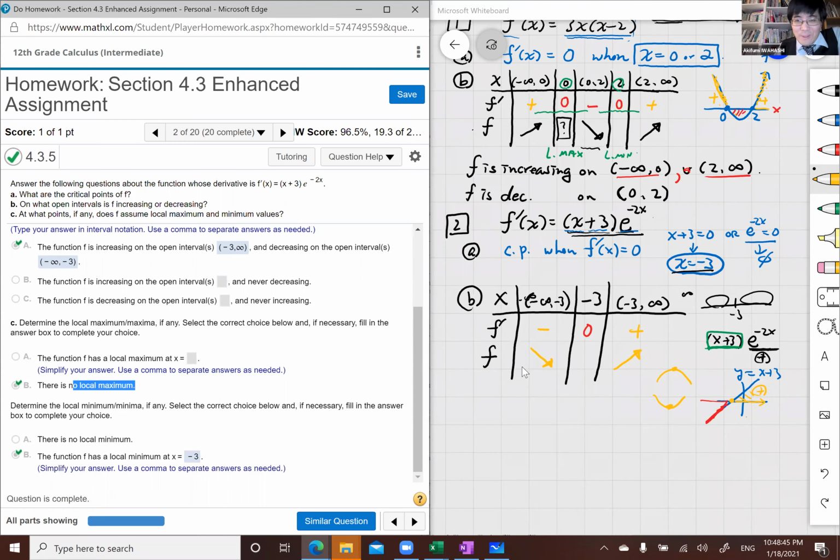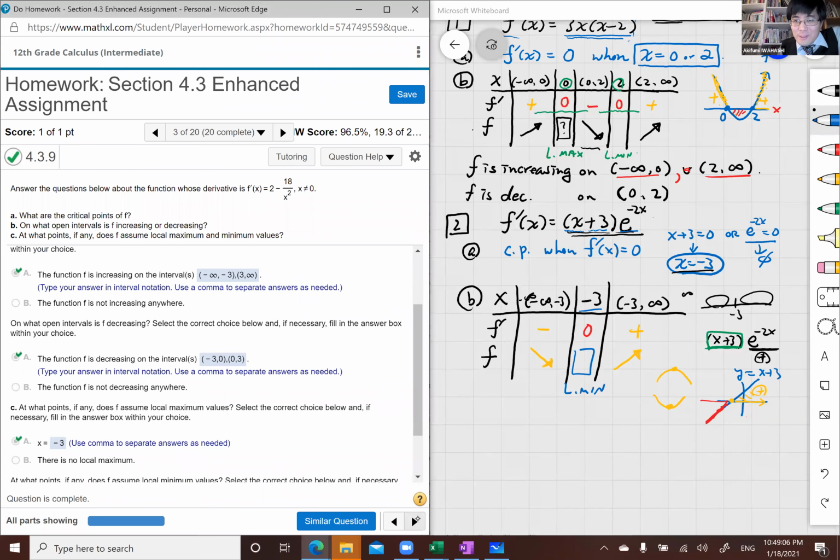The local minimum appears at this point, when x is equal to negative 3. So the function has a local minimum at x is equal to negative 3. Now we cannot see what the y value of the local minimum is because we don't know the original function in this case.